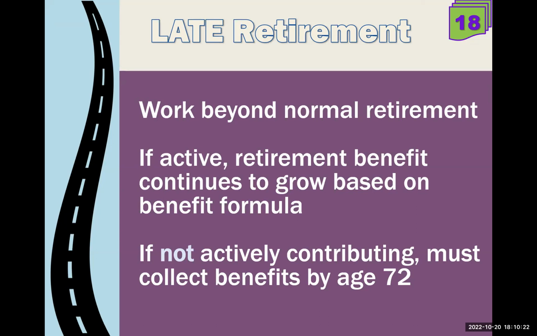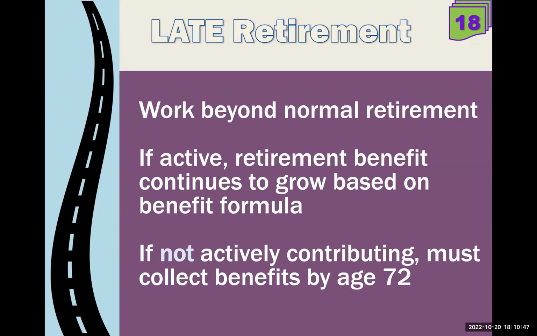Because if actively contributing, the retirement benefit you have will continue to grow based on the formula. If you continue to work beyond normal retirement, your credited service will continue to increase. Therefore, by working longer, your pension will also increase. Maybe you're going to be getting to that next multiplier if you continue working.